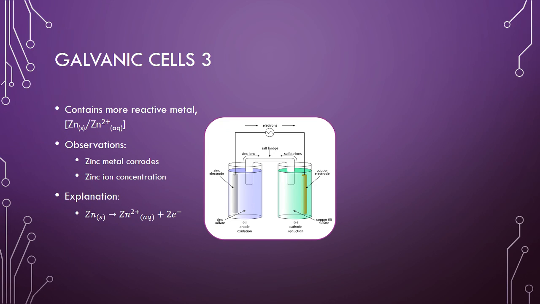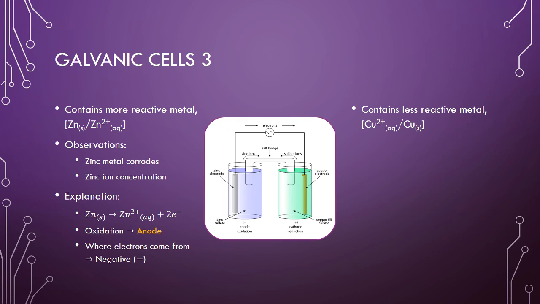As an explanation, because zinc is more reactive compared to copper, you would see zinc becoming zinc ion. Then that releases 2 electrons, and you can see that that's oxidation. Oxidation happens at the anode. Where electrons come from is considered to be the negatively charged side.